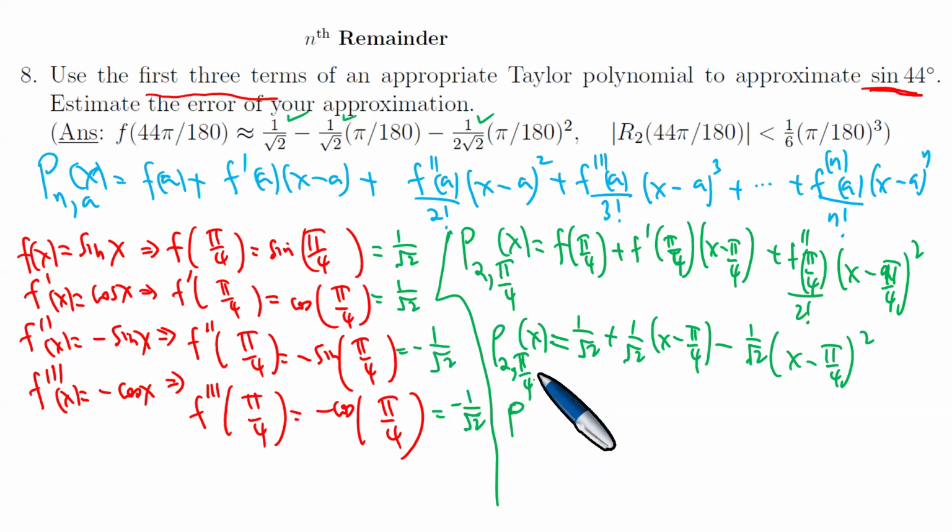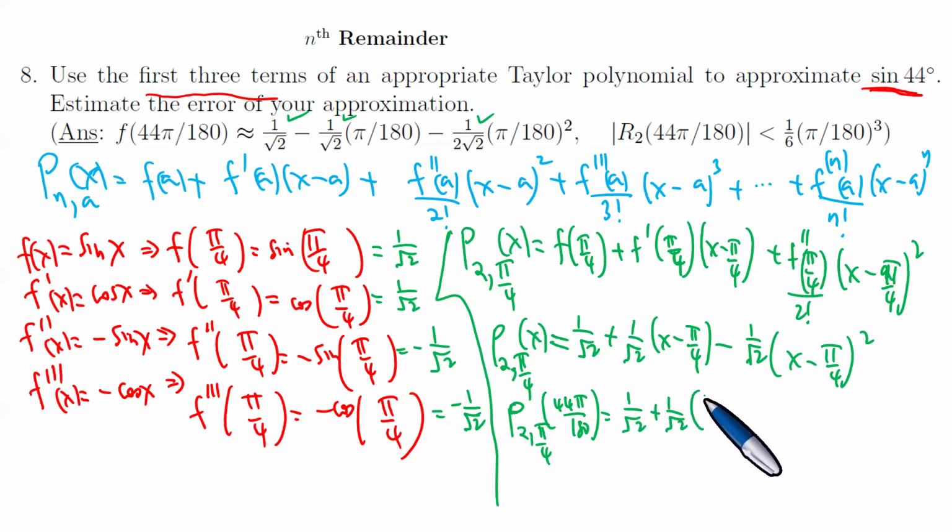You replace every x by 44 pi over 180. Let's see, you have 1 over the square root of 2.